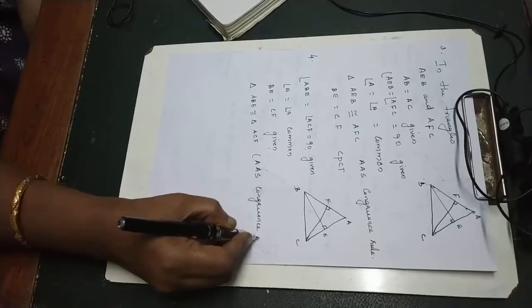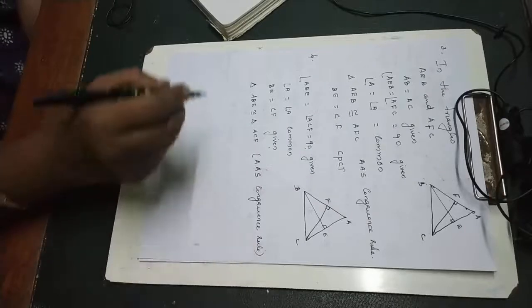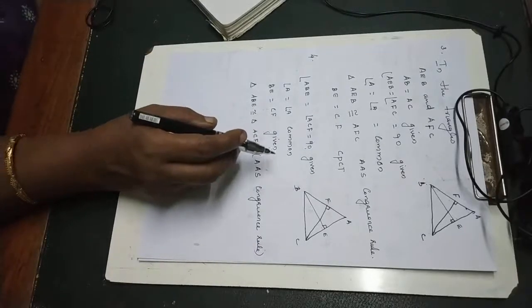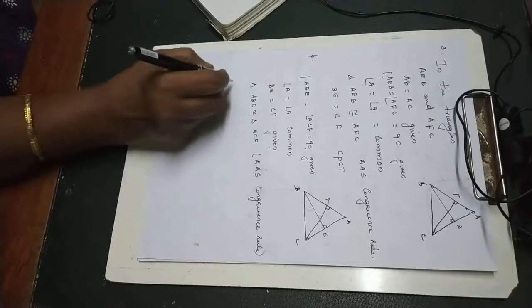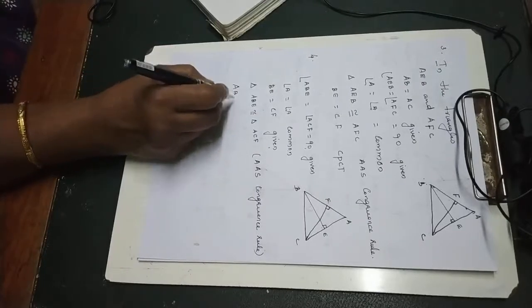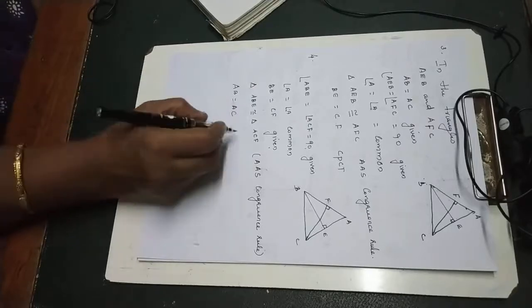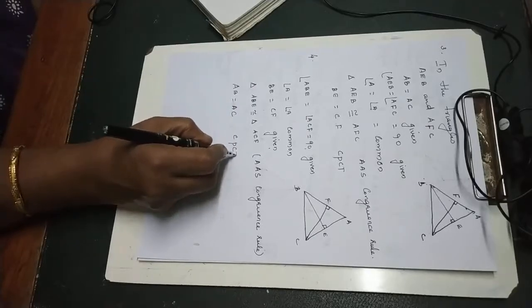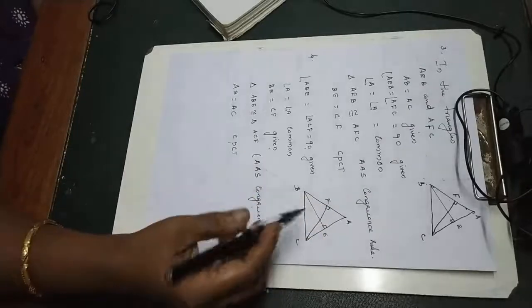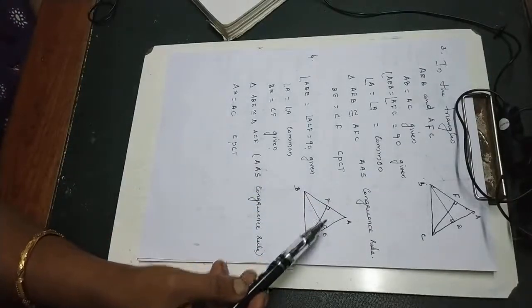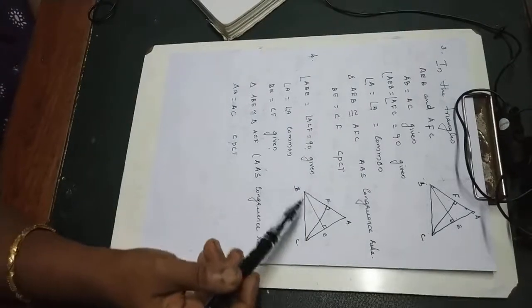Now the second part you have to prove, that is AB equal to AC. AB equal to AC, that is by CPCT, that is AB and AC are parts of the triangles ABE and AFC. So corresponding parts will be equal.